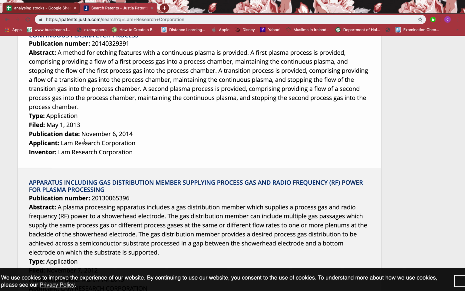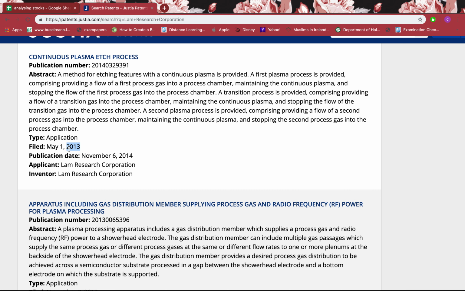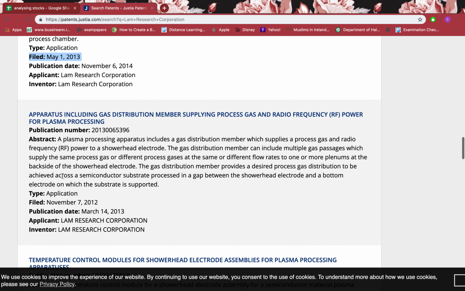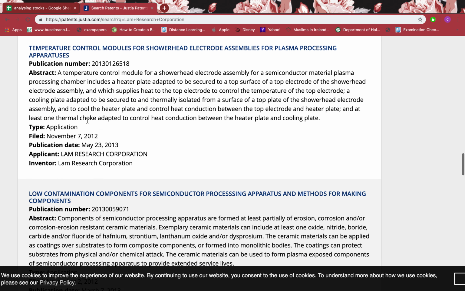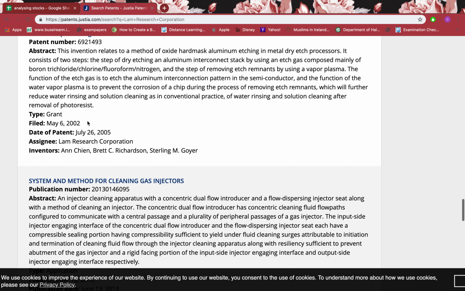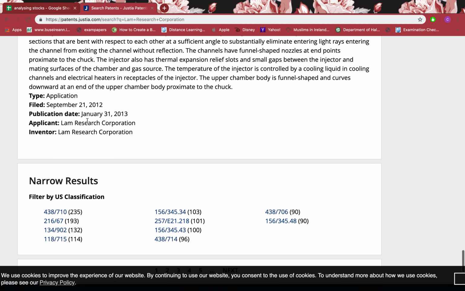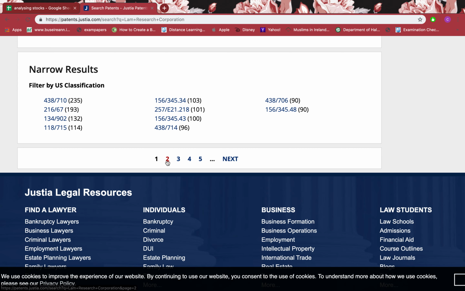If they are having patents each year, that means they have a moat, so they can protect themselves. They have a competitive edge, which makes them attractive. In 2013 they have 2012, but do they have any recent one? That's what I'm concerned about. Are they still beating the market?